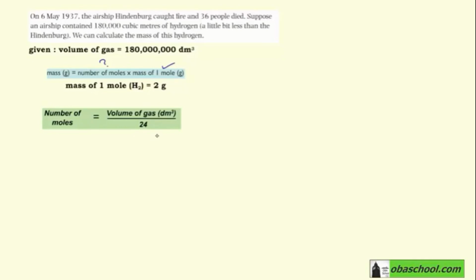So now we can determine the number of moles. Number of moles is equal to 180 million decimeter cubed divided by 24, which equals 7,500,000 moles.